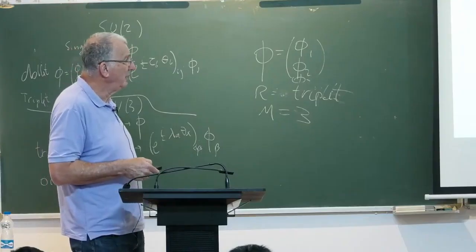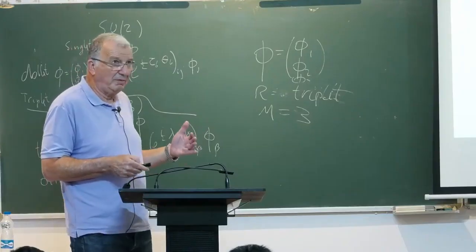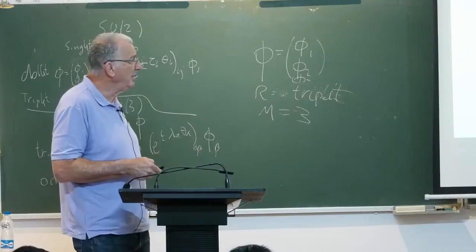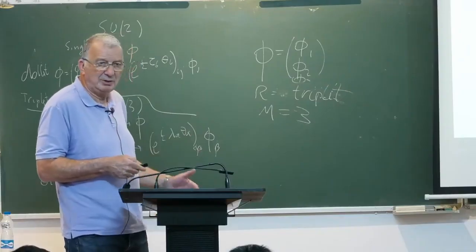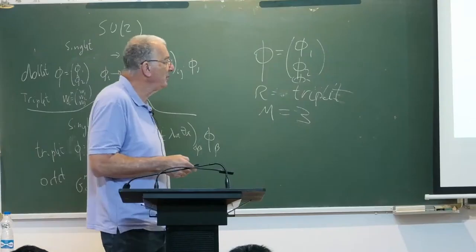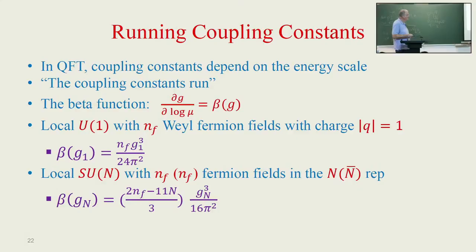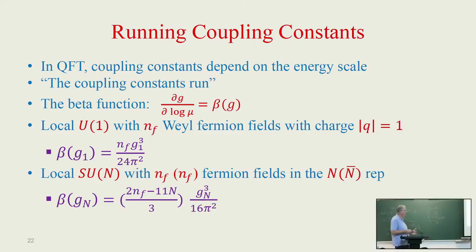For SUN, I said the only things that we have are either singlets or fundamentals in nature. The singlets do not affect the running because they do not couple to the gauge boson. But the fundamentals do. If we have a number of copies of such fundamentals, then this is how the running is. N, again, just depends on the group.